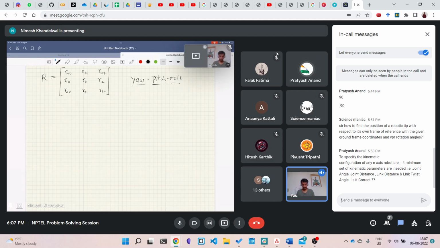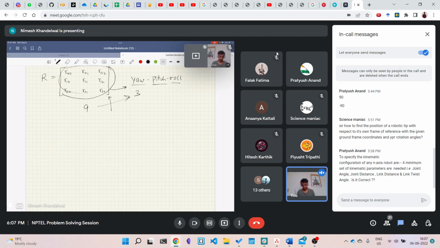But how many parameters are there in a rotation matrix? It's just a 3 cross 3 matrix, right? So how many total parameters are there? Total 9. But I am saying that these 9 parameters represent these 3 parameters. How is this possible?